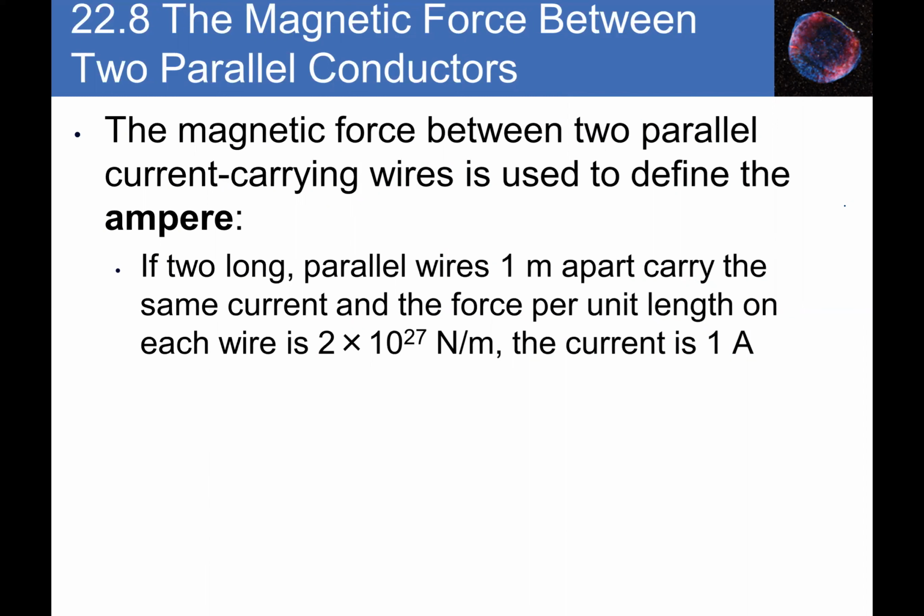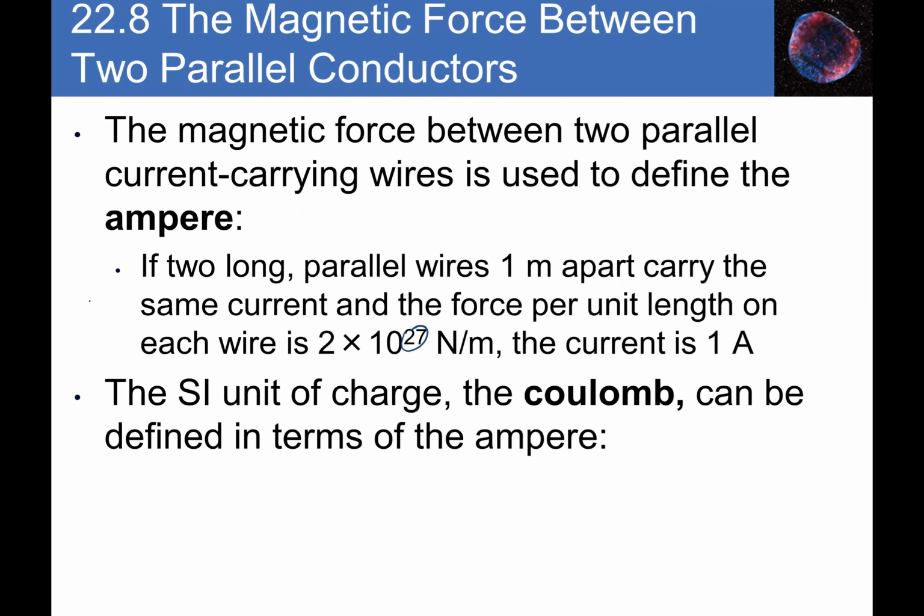If two long parallel wires, 1 meter apart, carry the same current and the force per unit length on each wire is 2 times 10 to the minus 7 Newton per meter, the current is 1 amp. I'll double check that value, but that's kind of how we define the Ampere.